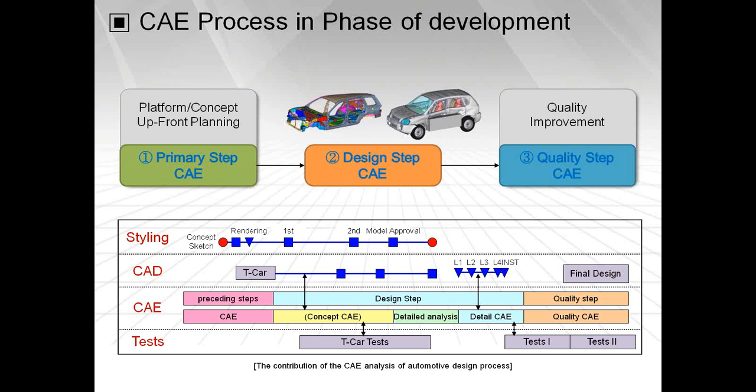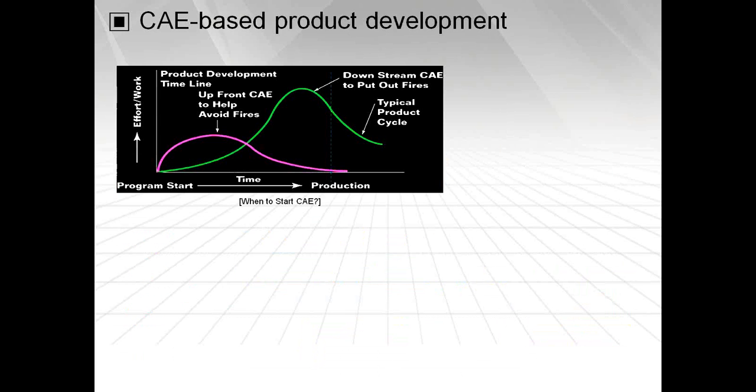I mean, first you do the CAD, you make the model, then you do one-time CAE at the end to verify if it's okay, then it passes the test. No, it's much more complex than that. It actually requires what we call upfront CAE in order to see. So it will be more clear with this graph.